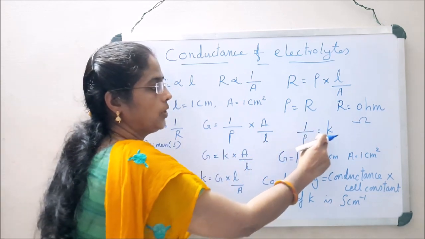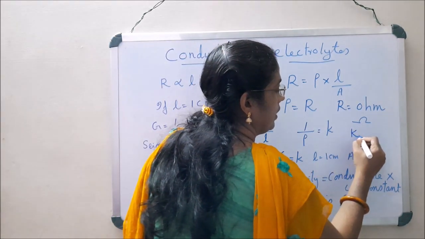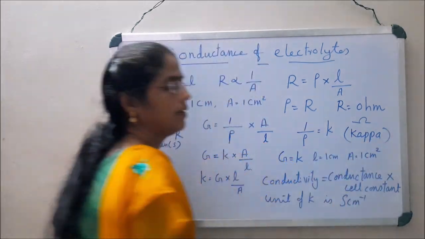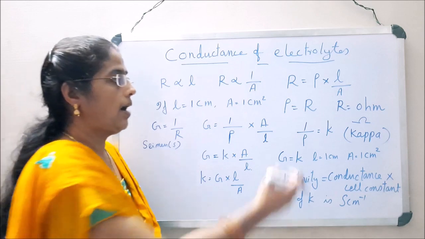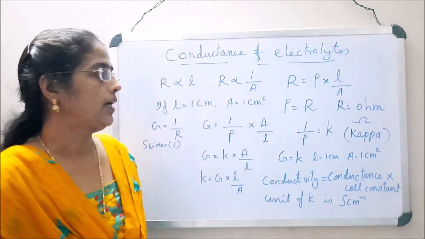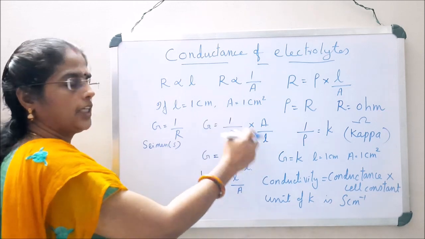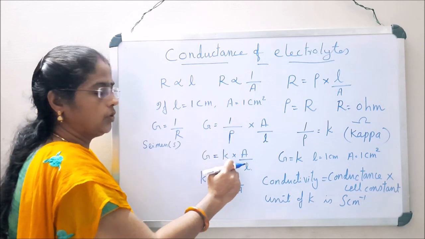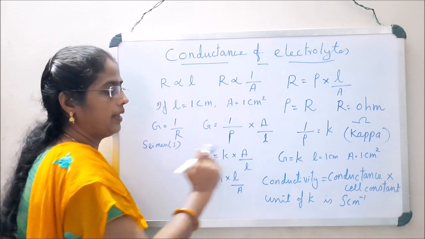That is, 1 by rho is equal to kappa, where kappa is the conductivity or specific conductance. Then, from this expression, G is equal to 1 by rho into A by L, that is, G is equal to kappa into A by L.